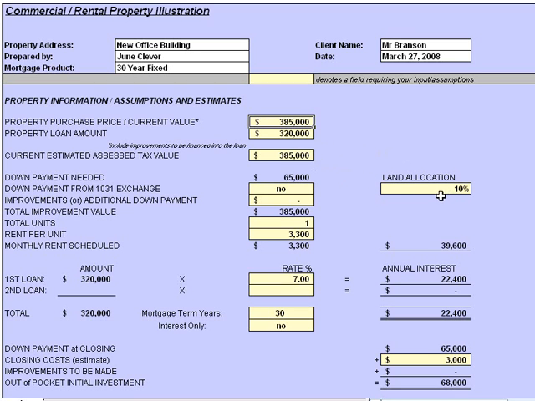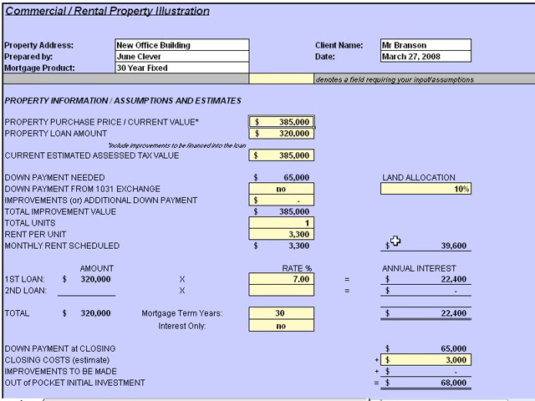The land allocation is about 10%. What that means is land is not depreciated. So we want to have an estimate of what percentage of the value of the property is from land versus from the building itself, which is depreciated. So that would mean we believe the land itself is worth around $38,500.